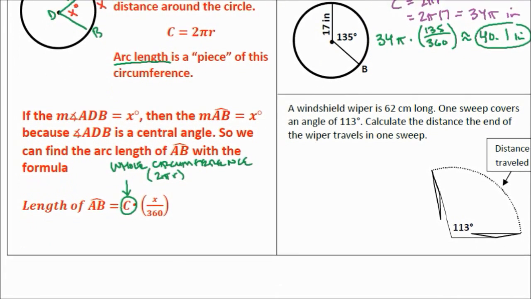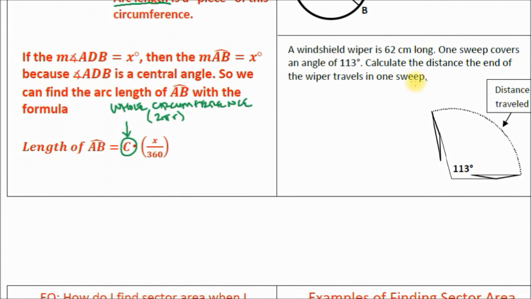Let's look at that in a word problem. A windshield wiper is 62 centimeters long. I'm going to label that. This windshield wiper right here is 62 centimeters long. One sweep of the windshield wiper covers an angle of 113 degrees. It's already labeled.